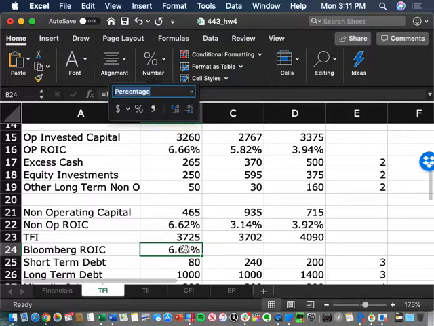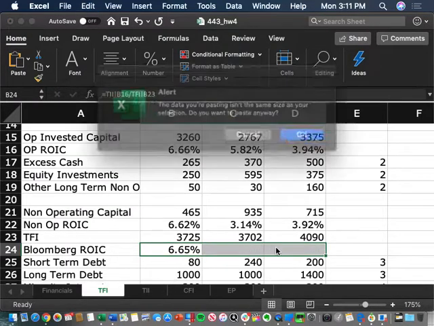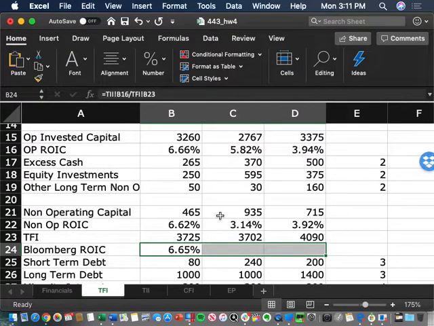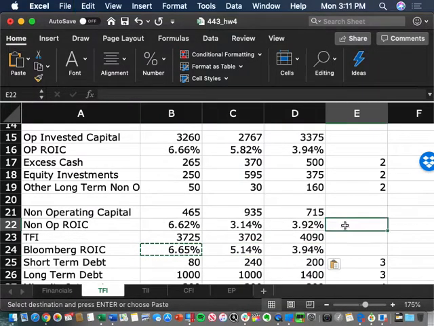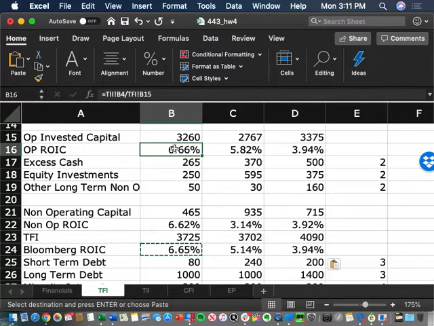Now, it just so happens that they're pretty similar in this assignment, the operating ROIC and the non-operating ROIC. But the reason why we're going to do this is because we can see that the performance of the business overall is getting worse. The Bloomberg ROIC is getting worse. Then I can say, gee, is it the operating performance that's getting worse, or is the non-operating performance that's getting worse?